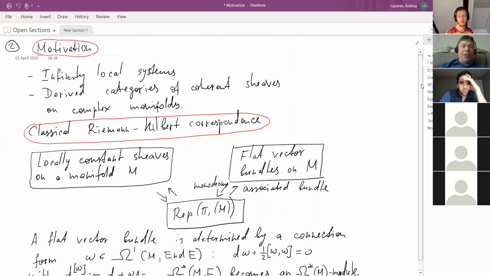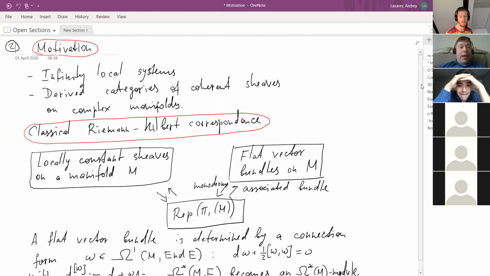There are two pieces of motivation for me. First is to do with infinity local systems on topological spaces, or maybe smooth manifolds really. And the other one is derived categories of coherent sheaves on complex analytic manifolds.